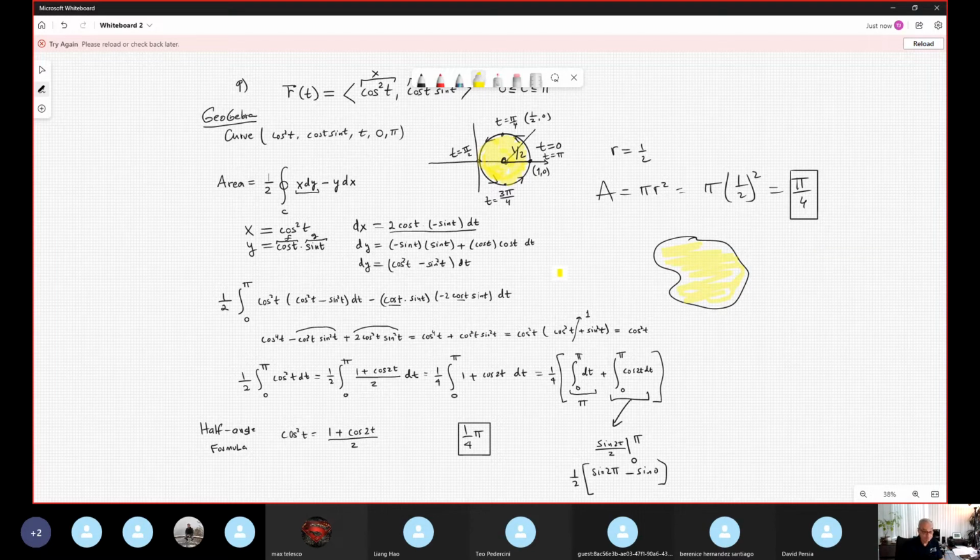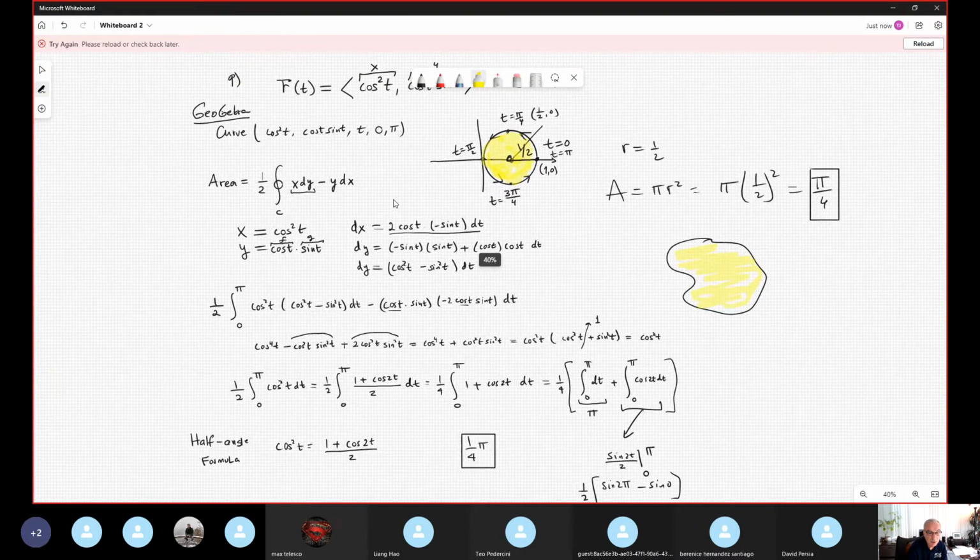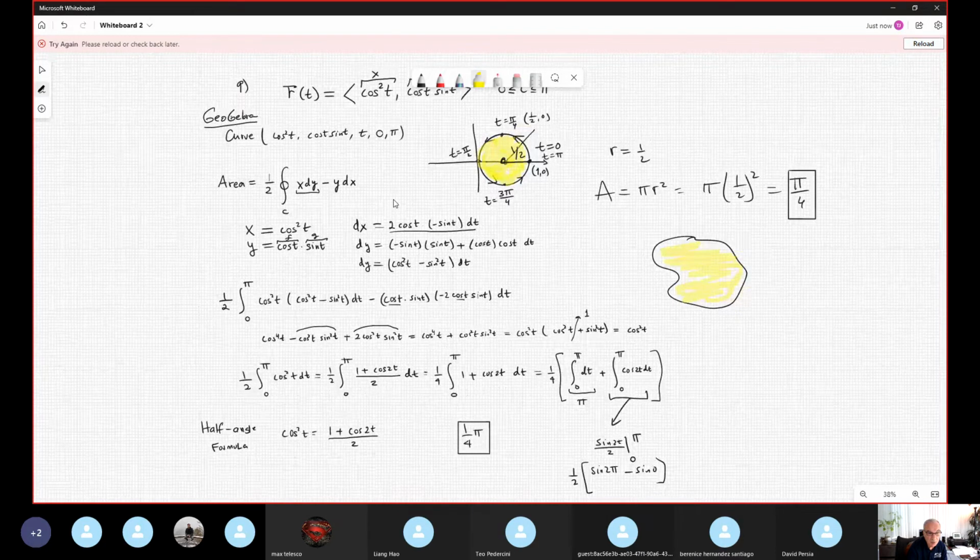Cool? Professor, it says to use Green's theorem. Is that formula a part of the theorem? Yeah, because when I explained Green's theorem, I created some specific conditions to find the area. Do you want me to derive it for you now?